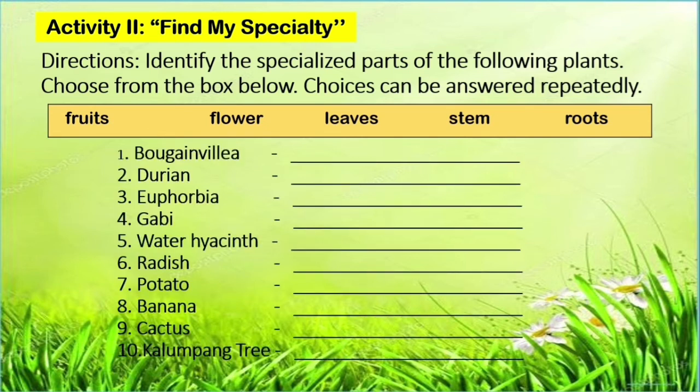So these are the plants. Number 1, bougainvillea, durian, euphorbia, gabi, water hyacinth, radish, potato, banana, cactus, and kalumpang tree.